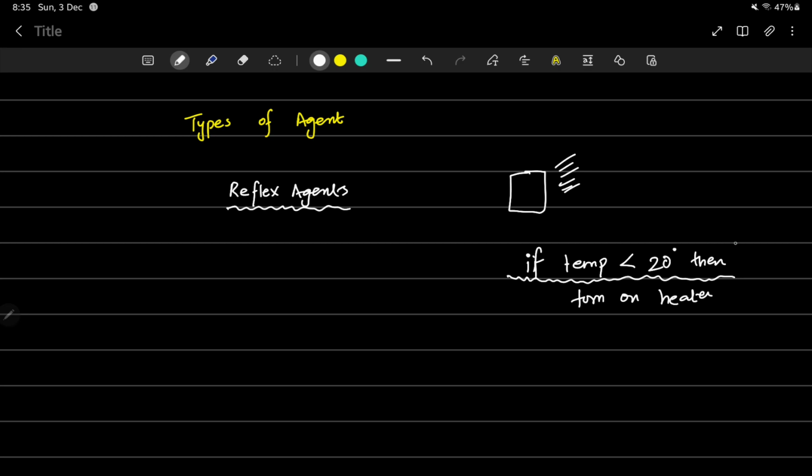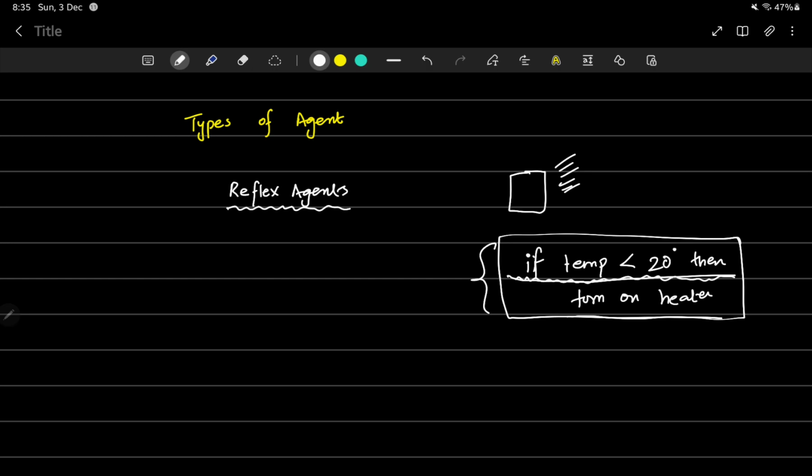So what it is basically doing is, it has this rule and it is following that, right? This agent's actions are determined by a set of predefined rules or condition-action pairs. This is a condition-action pair, right? The condition is this if condition and the action is this thing.